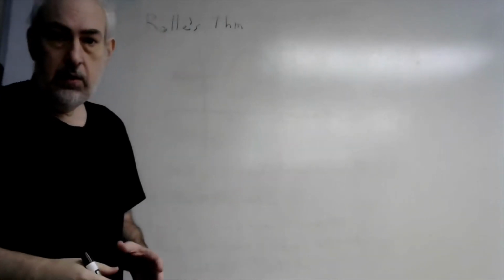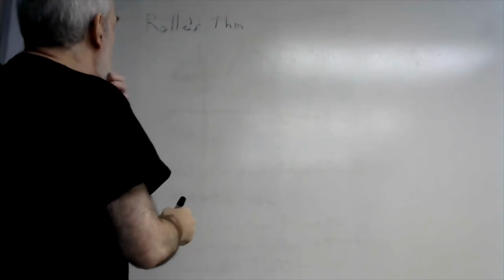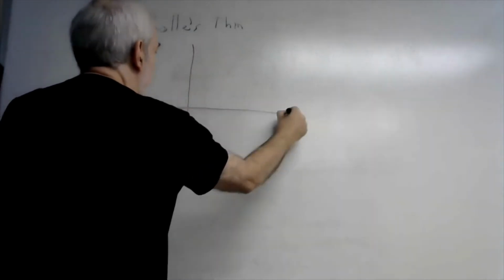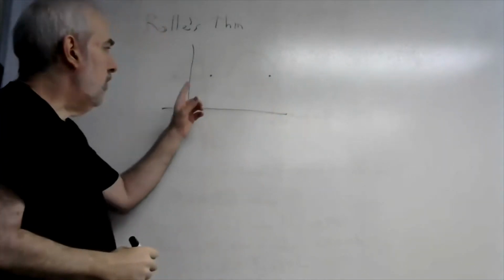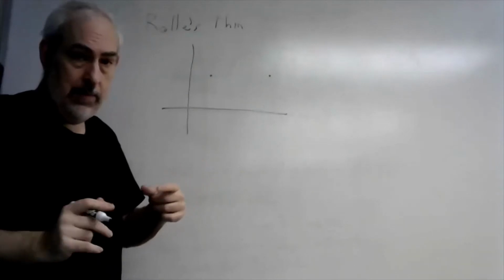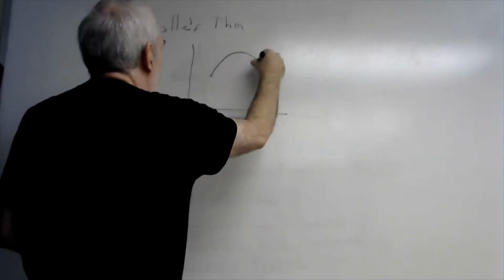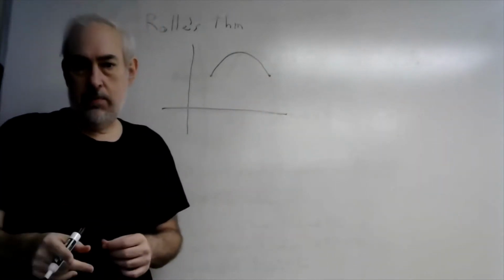Okay, so for Rolle's theorem, you need to imagine that you have a function that is continuous, and the two endpoints have the same height. And also, imagine that our function is differentiable between a and b.